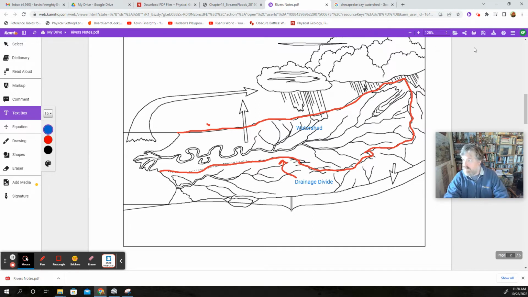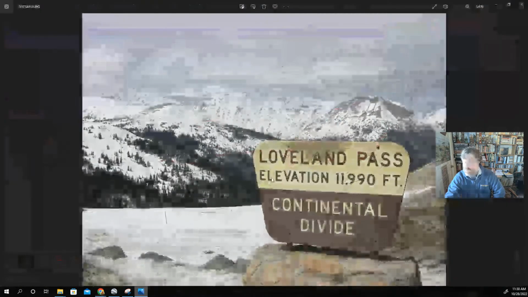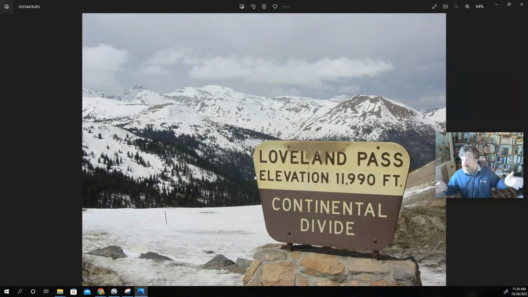In fact, I'll go find another picture. If we really zoom out and go to the grandest version of what a drainage divide could be, it's the Continental Divide. This is in Colorado, on a day trip we took. If you stood right here and threw some water that way, or waited for the snow to melt, it's going to go down eastward, heading towards what would eventually get down into the Gulf of Mexico.